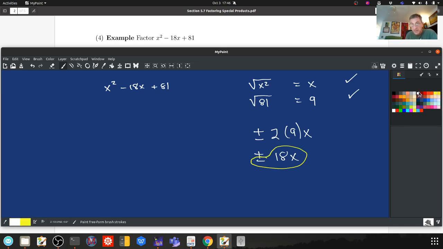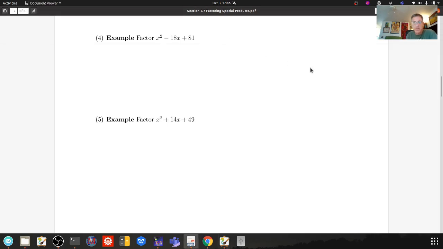So it is indeed a perfect square trinomial. So I put my x term here, and the square root of my constant term here, and it's going to be squared, but since it's a negative, I put a negative there. That's x minus 9 squared.